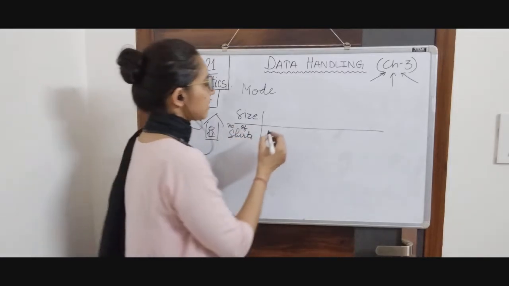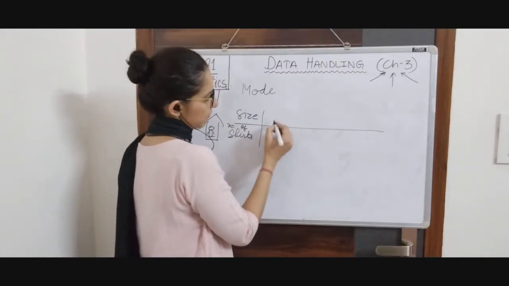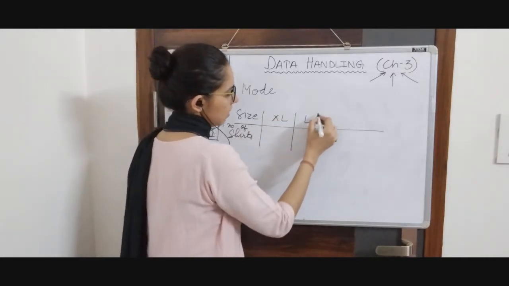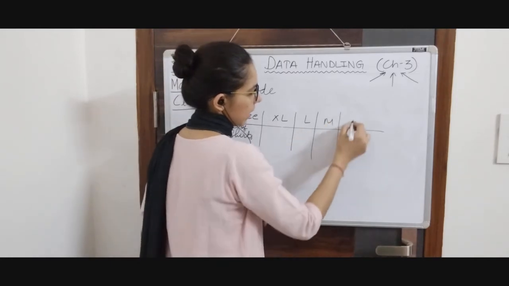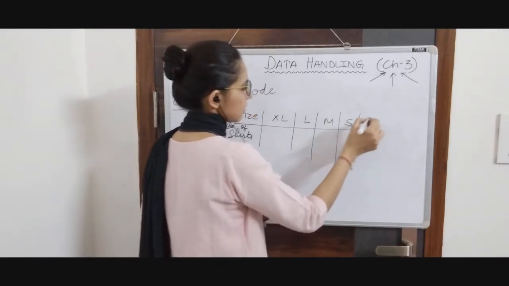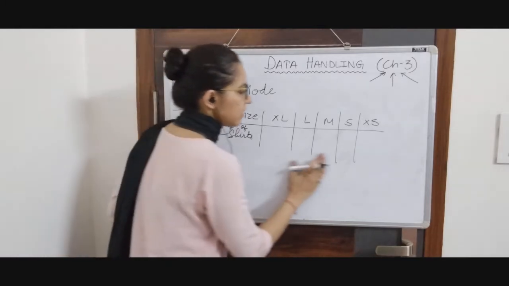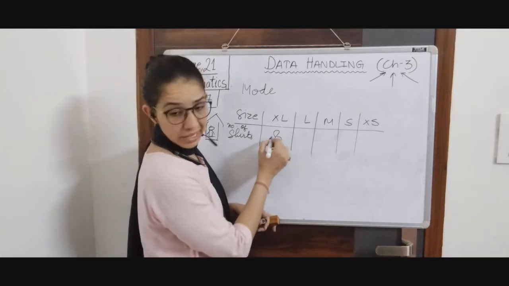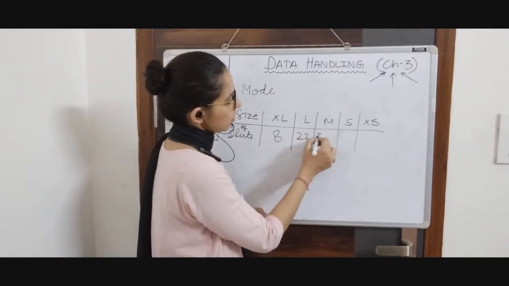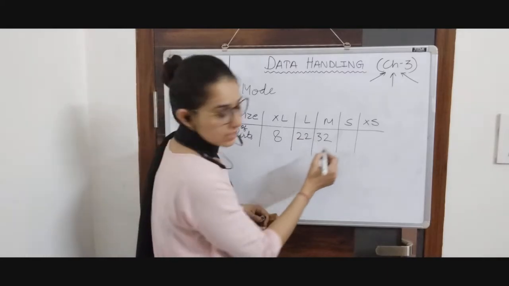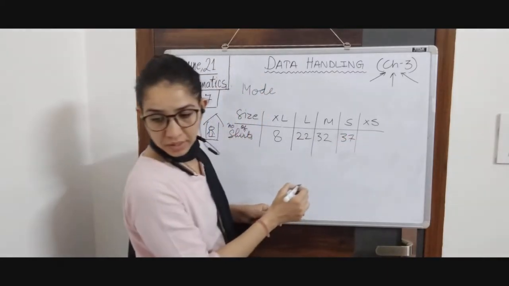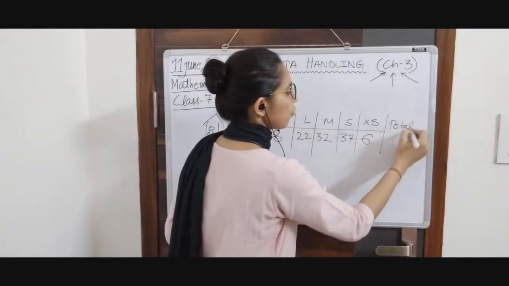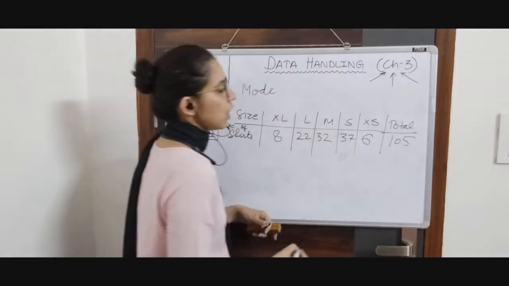Sizes are XL, L, M, S and XS, and his sales are represented by, suppose, 8, 22, 32, 37 and 6, where the total number of shirts sold by him is 105.